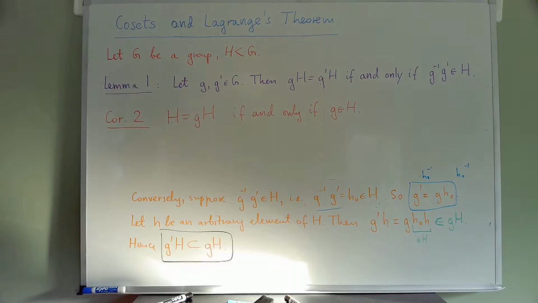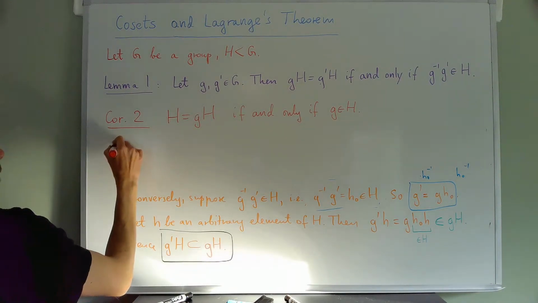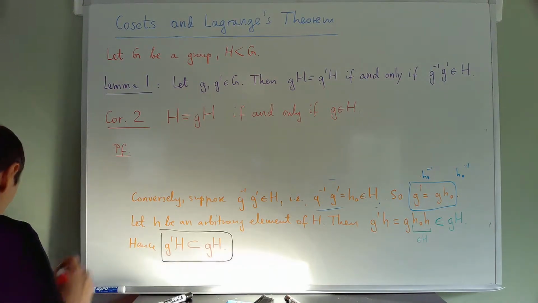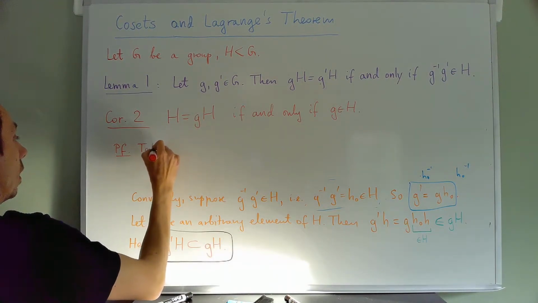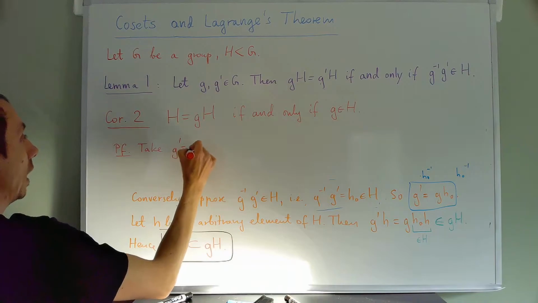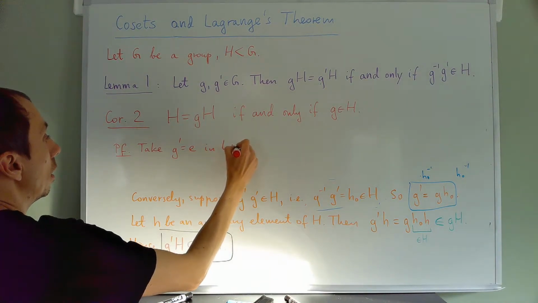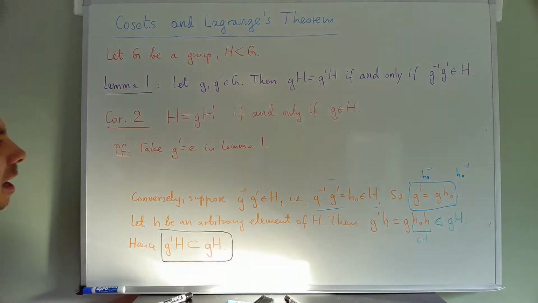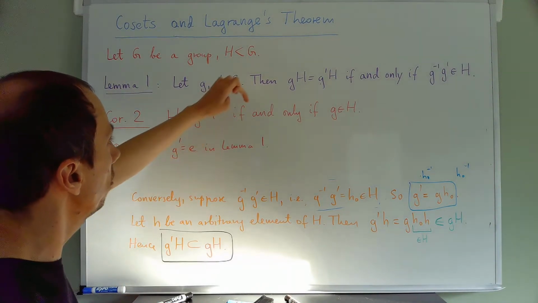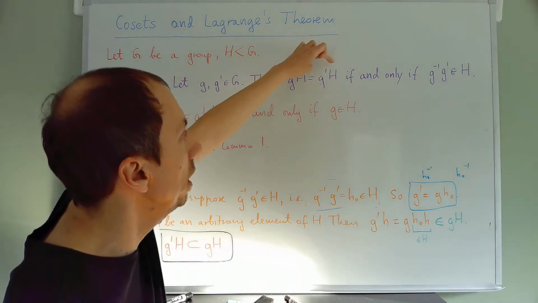So now this corollary tells me that that's always true. How does the corollary follow from the lemma? So we just need to take G prime equal to the identity in lemma 1. Then lemma 1 tells me that GH is equal to EH.